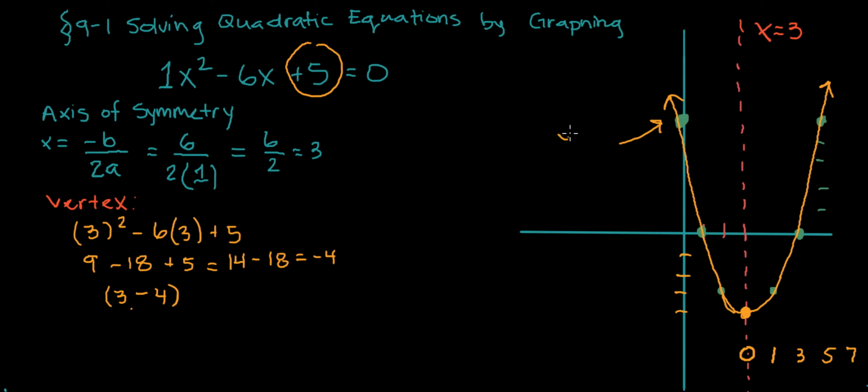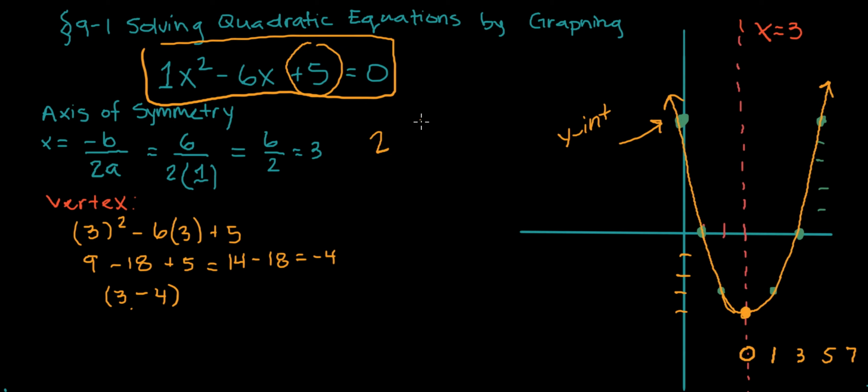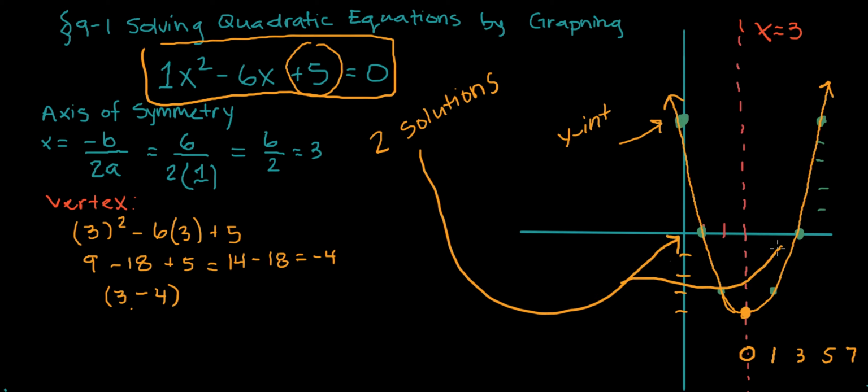C is our y-intercept. I don't need you guys to actually find the y-intercept this time. That was just a helpful tool in the past. What I really want you guys to find are the x-intercepts, because that's the solution to this problem. So this equation right here has 2 solutions, and the reason I know it has 2 solutions is because the solutions are right there and right there.